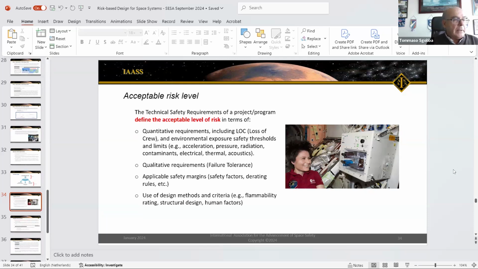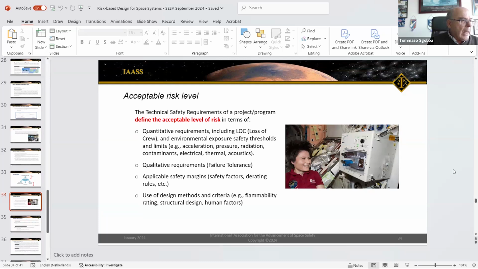Another requirement that is very often used is so-called failure tolerance, which is a way of imposing redundancy mainly, as a way of preventing an accident. Then margins, these are also predefined. And there are many thresholds and margins that are used.